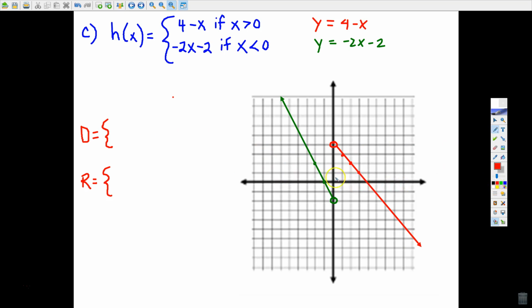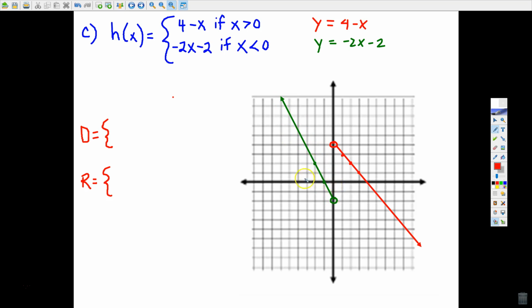For domain, once again, you are looking this way. Is every single one of your numbers that would be listed on the x-axis going to be included in ordered pairs if you put both of these graphs together? Well, almost every one.